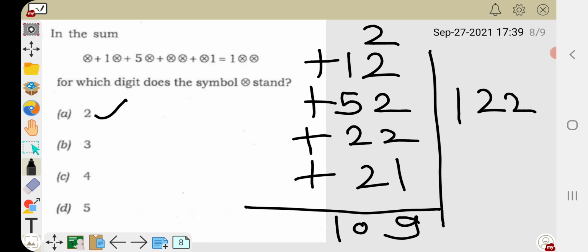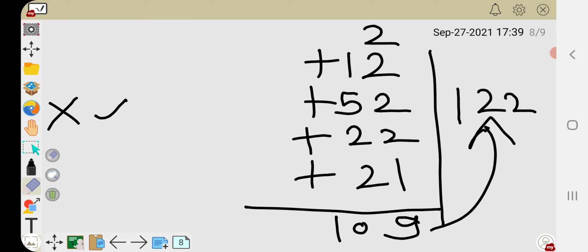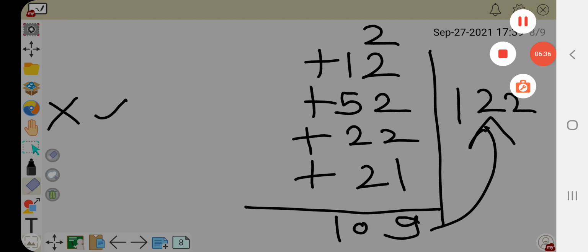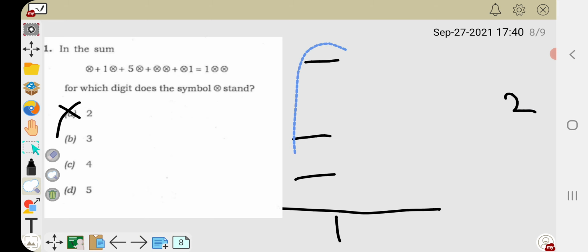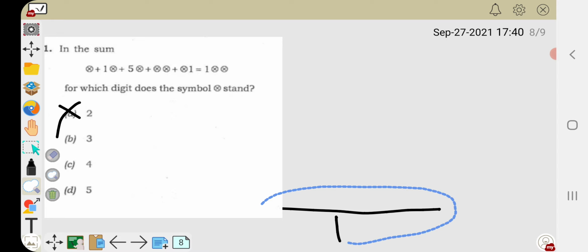As LHS is coming 109 and is not equal to 122, this option is wrong. So option A is wrong. Now we will check whether option B is right or not. For option B it is 3.